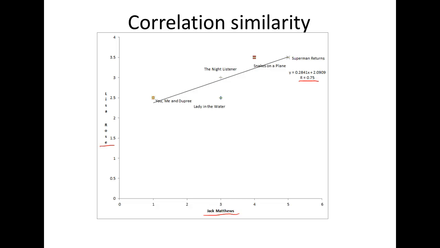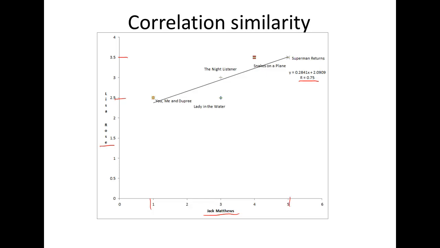But there is even one more further suggestion to be made from here. You can see that although they are rating the movies in a similar way, the grades of Lisa Rose are somewhere between 2.5 and 3.5, whereas the grades of Jack Matthews vary from 1 to 5.